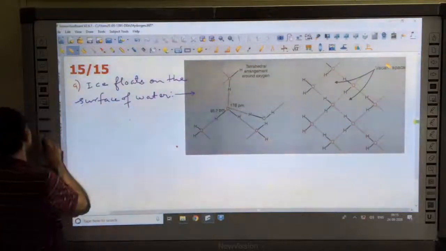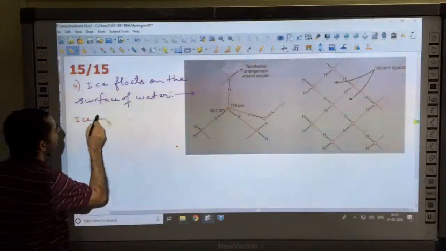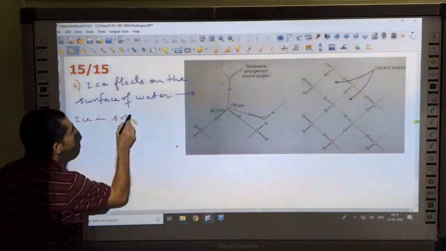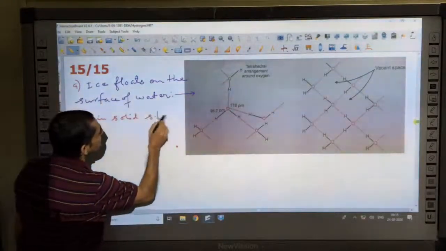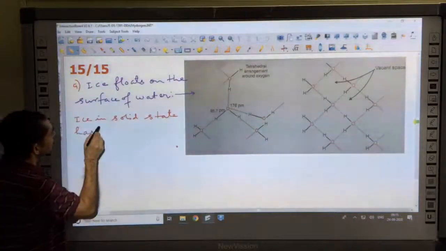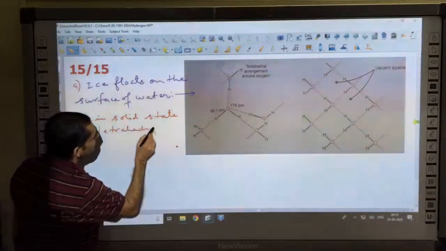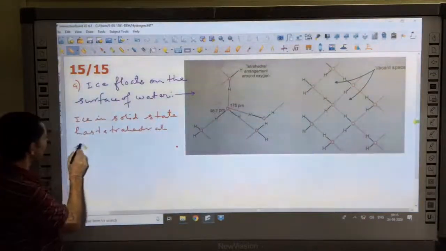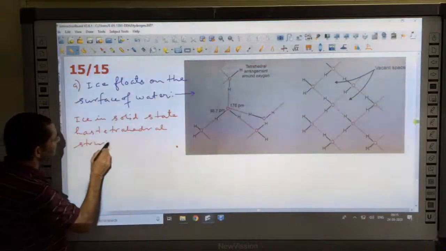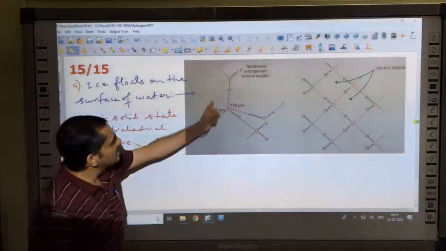The reason for this is that ice in solid state has a tetrahedral structure. You see here, this is ice in solid state.